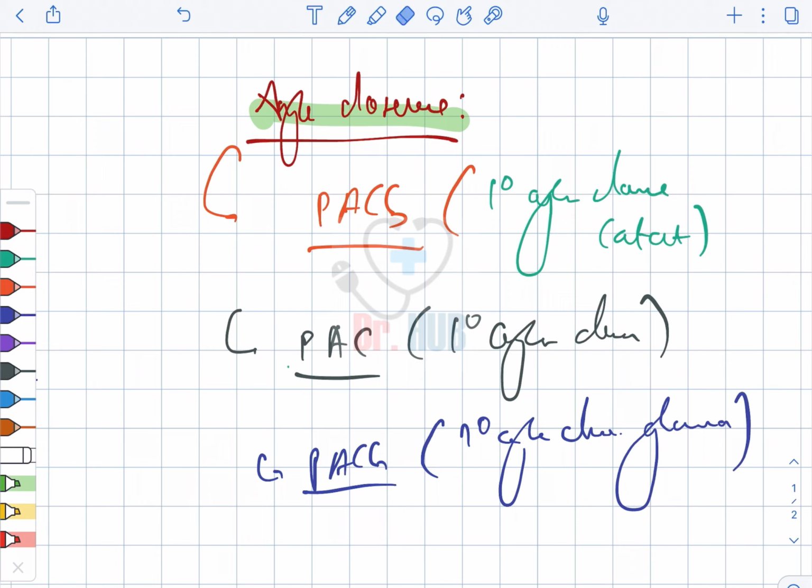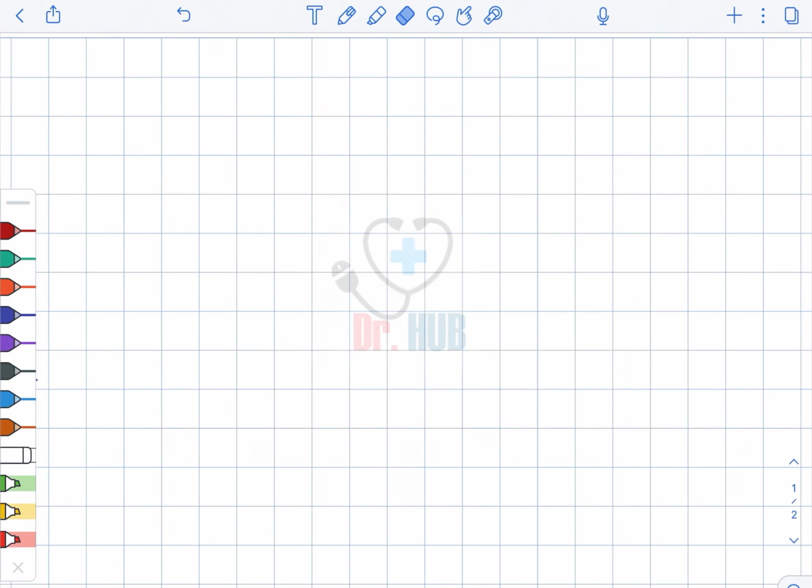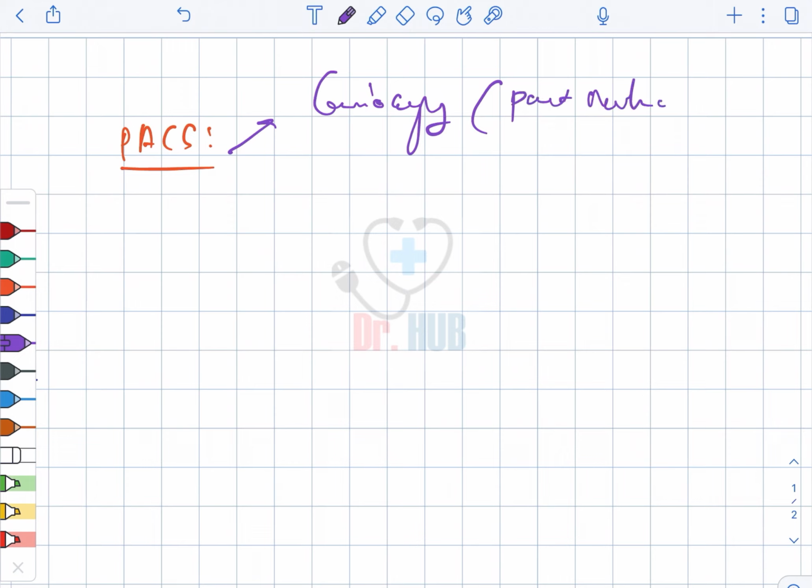So looking at everything in detail, the PACS. PACS basically shows, in case of gonioscopy, the posterior meshwork. ITC is seen in case of PACS.